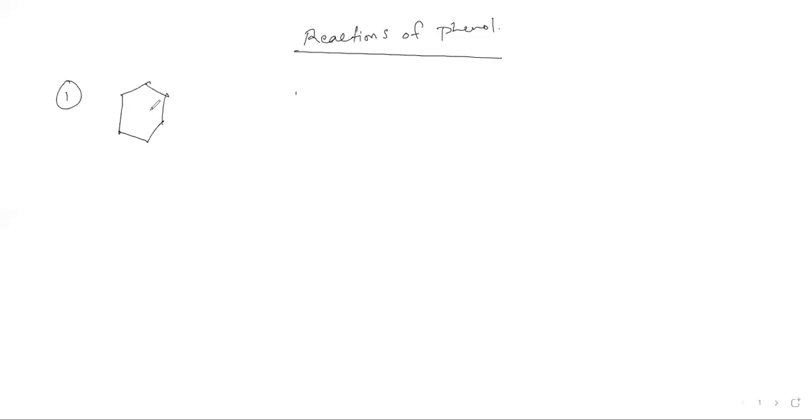So the first reaction. I'm saying this before giving any explanation because it will make things easier in today's class: phenol is acidic. Since it is acidic, what can be the product formed with a carboxylic acid? With general knowledge, can you try to make sense of it? We might think this is an alcohol, an OH group, and this is a carboxylic acid, and we know from our AS content that carboxylic acid plus alcohol forms an ester.